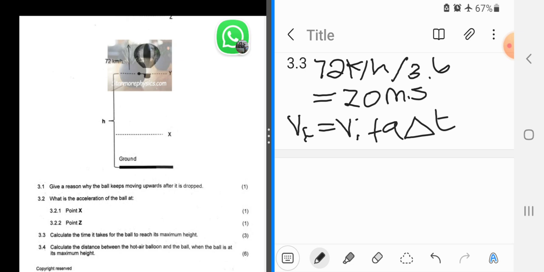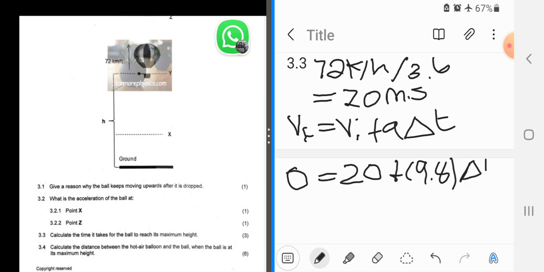We're looking for time. So for final velocity we have 0 because it's going to end up at the ground, from 20, that is the initial velocity where the ball is, plus 9.8, the acceleration due to gravity. We'll be working with this a lot, and then we don't have the change in time.